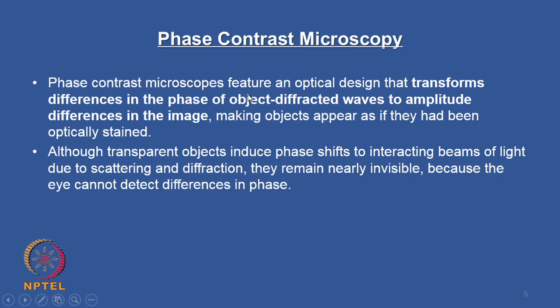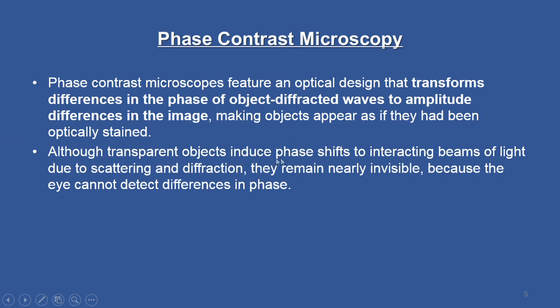Phase contrast microscopes feature an optical design that transforms the differences in the phase of the object, diffracted waves, to amplitude differences in the image. So, it could be making objects appear as if they had been optically stained.